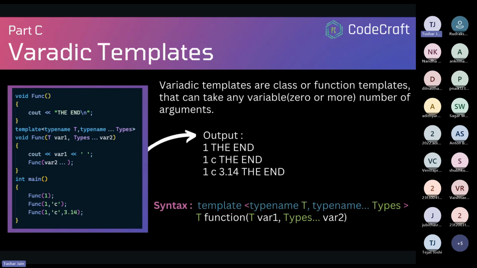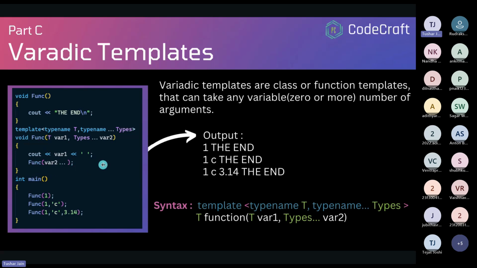Similarly, we can also write function T var1, T var2, and then Types triple dot var3. We can write the function like that so that we can access the starting two variables and not the third variable onwards. So in this, what I'm doing is printing the variable, and then I'm passing the function with the argument var2.